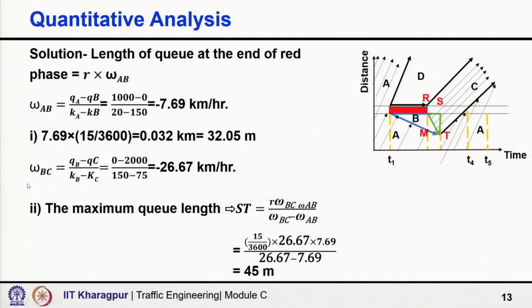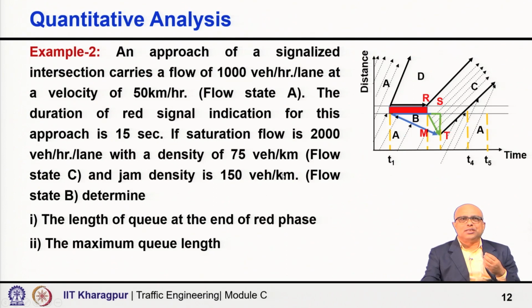Then, the speed of the shock wave which will get formed due to the traffic states B and C, that is omega BC, you can also calculate. QB is 0, QC is 2000 vehicles per hour saturation flow rate, KB is the jam density and KC is 75, that is given.